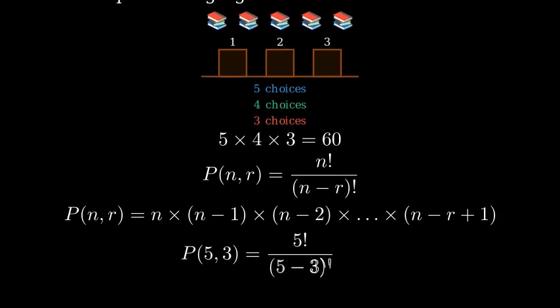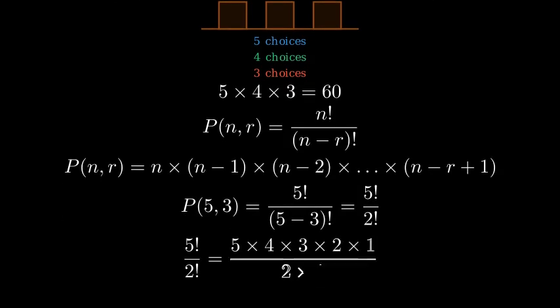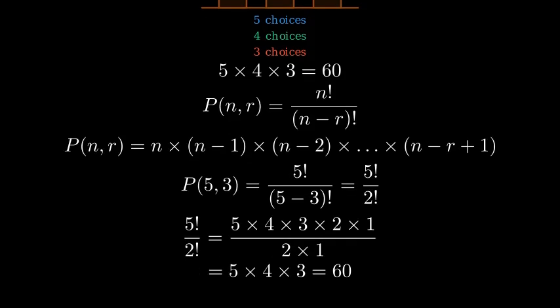We have n equals 5, and r equals 3. So the number of permutations is 5 factorial divided by (5 minus 3) factorial. That's 5 factorial divided by 2 factorial, which is 5 times 4 times 3 times 2 times 1 divided by 2 times 1. The 2 factorial cancels, giving us 5 times 4 times 3, which equals 60, confirming our earlier calculation.